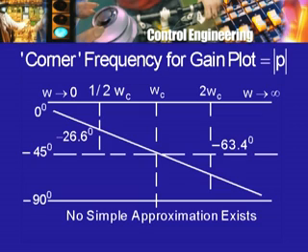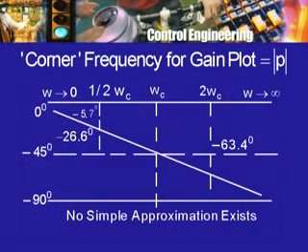What about a frequency which is a decade below or a decade above the corner frequency? Now, that will correspond to tan inverse of 0.1 or tan inverse of 10. Now, that tan inverse of 0.1 is pretty close to 0, although it is not 0 of course. It turns out to be about 5.7 degrees.